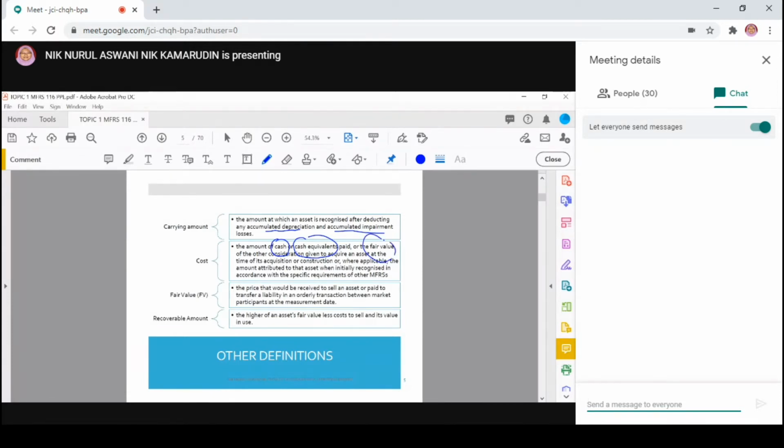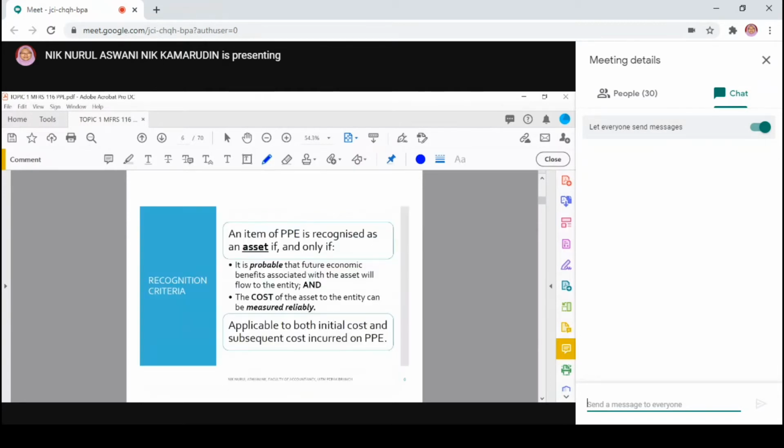So do not get confused. When we talk about cost, it does not necessarily mean that cost is cash. It could be cash equivalent, it could be fair value. That's why the computation of initial cost depends on the situation. It could be different from one another.